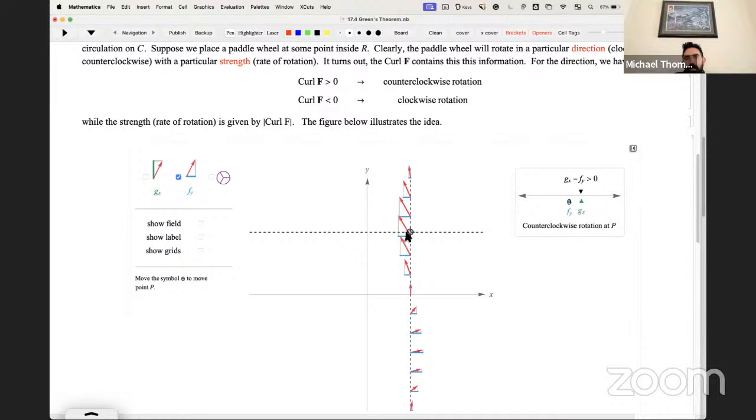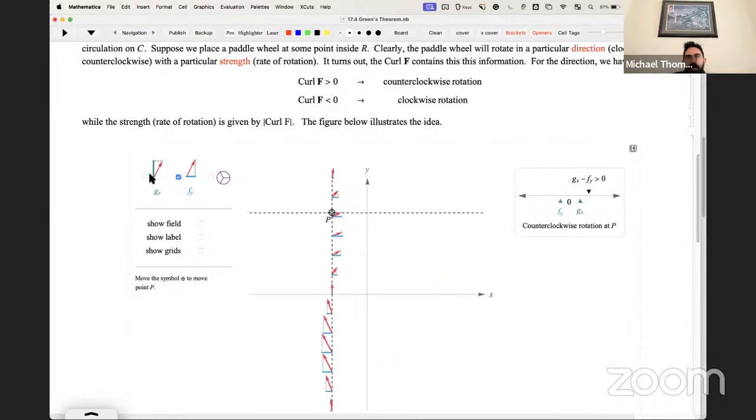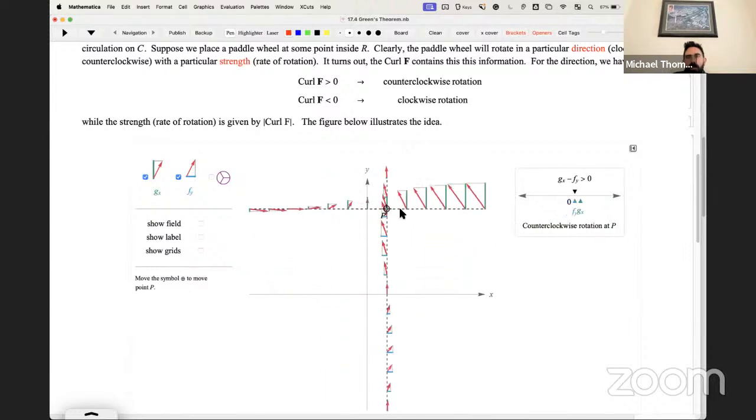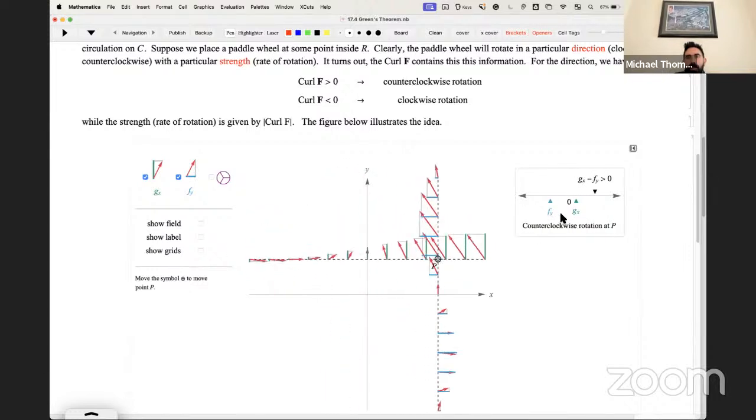It doesn't seem to be changing much right there, so you might say fy is 0. But you could do this at any point. That's essentially why those values fy and gx have a particular sign. So that's what's happening under the hood, but you don't need to know that.